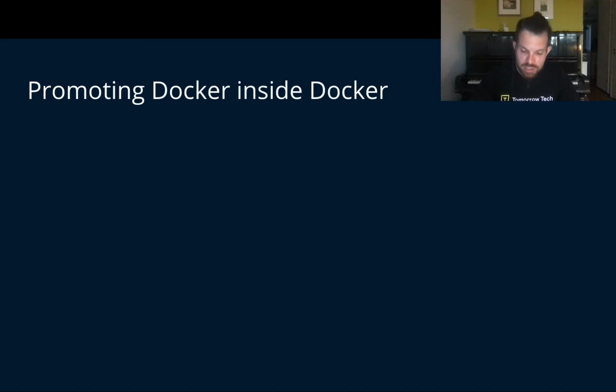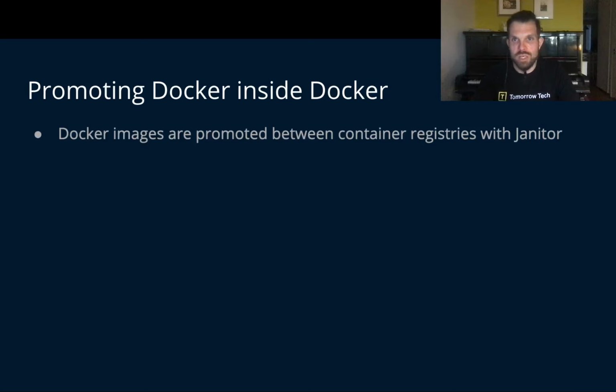And then one interesting part was learning the promotion task, how to get that working, because we are using different container registries for Docker images, and we promote them from one container registry to another using Janitor. That's all okay, but since Janitor itself is also a Docker image, how would we then promote Janitor itself with Janitor?